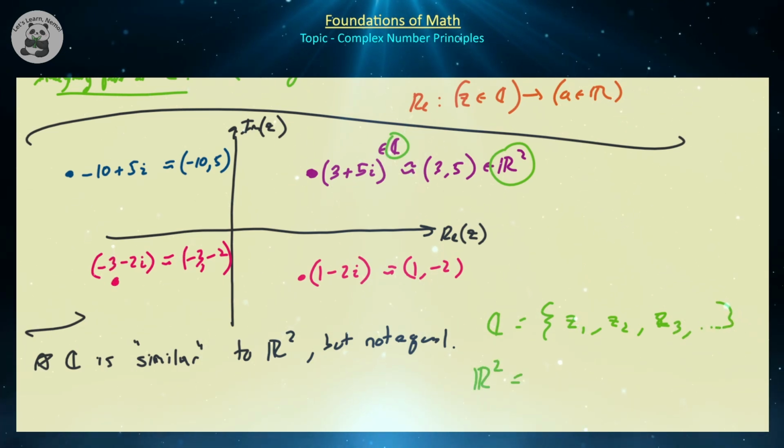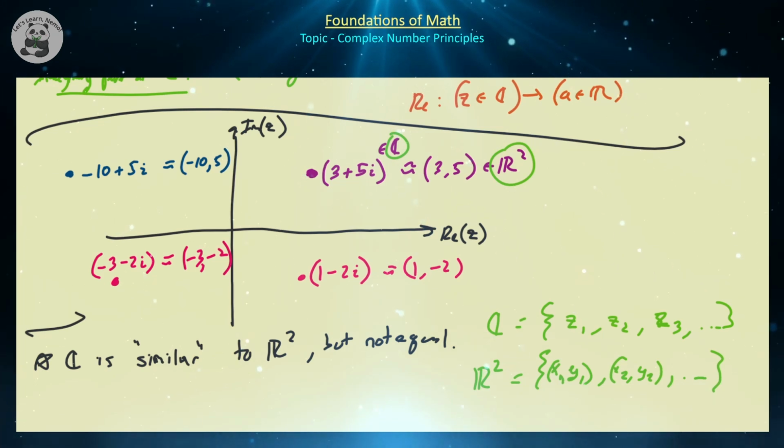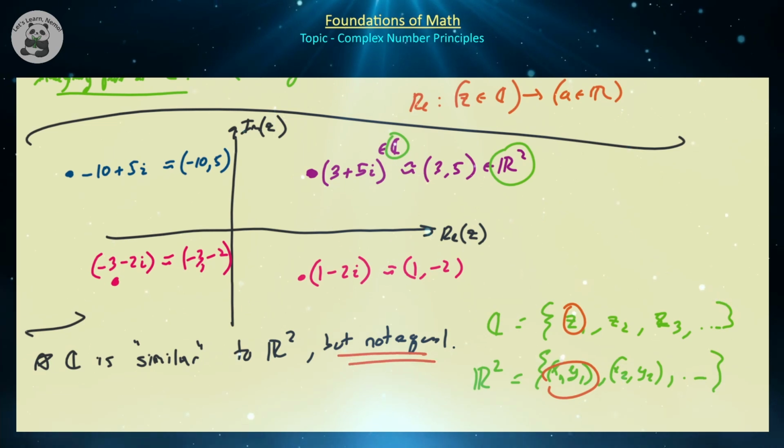But R2 is a set of points like (x1, y1), (x2, y2), and so on. So this is a set of numbers, this is a set of points. And numbers are not necessarily points, but of course they do share some structural similarities, but again, they are not equal. So I just want to make that clear. So this is what complex numbers are.